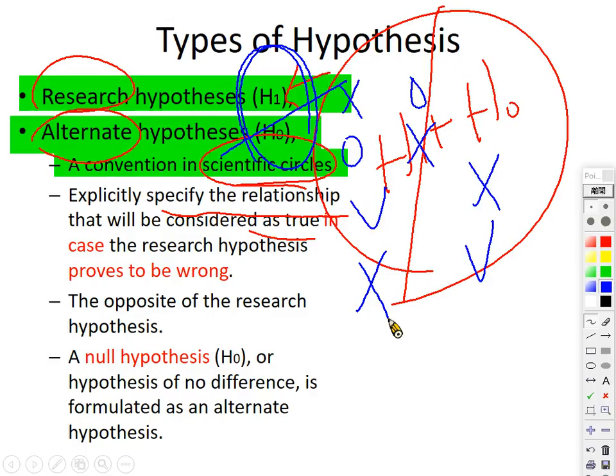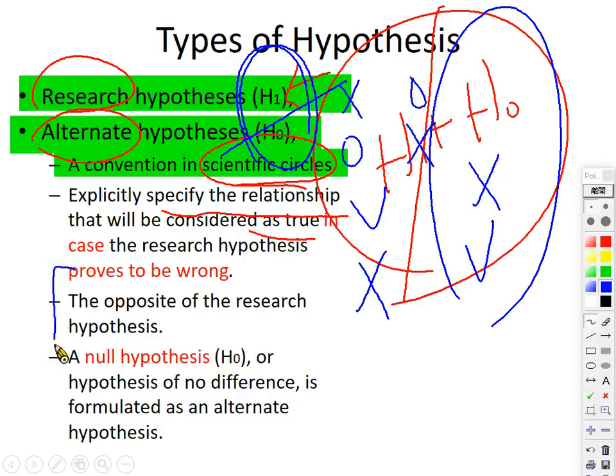So basically, in our scientific circle, we use H0 as the target for the test. So we can say this is the opposite of the research hypothesis. Sometimes in statistical analysis, we have a null hypothesis. It's formulated as a hypothesis of no difference.